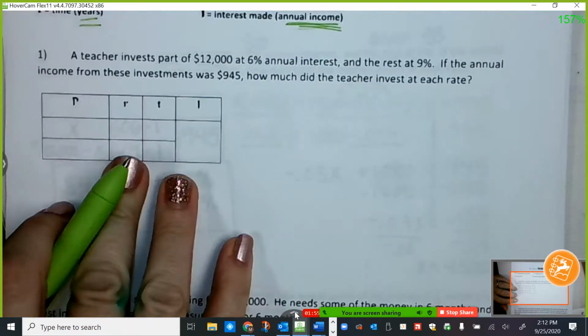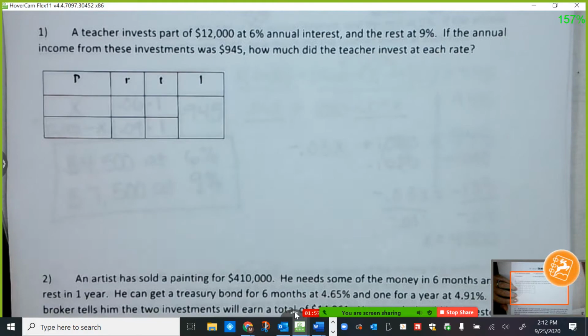So knowing that, it says a teacher invests part of $12,000 at 6% annual interest and the rest at 9%. If the annual income from these investments was $945, how much did the teacher invest at each rate? Okay, so we're going to take this one piece at a time because just like linear application when we were doing before, it's a lot if you try to read it all at once.